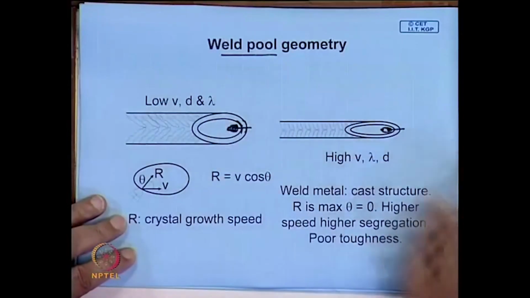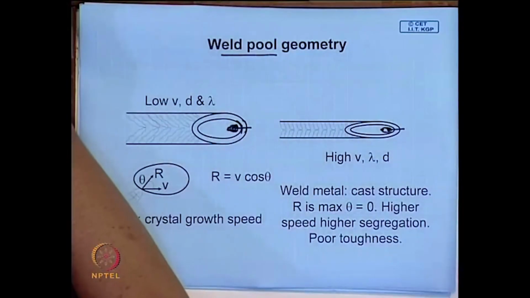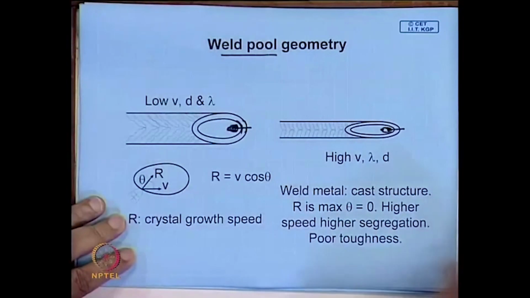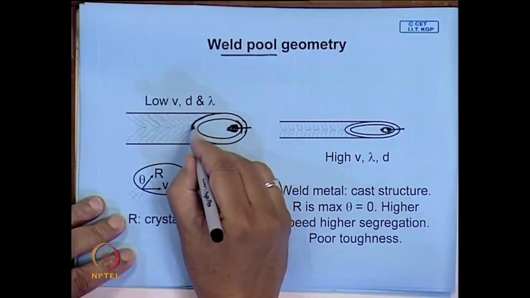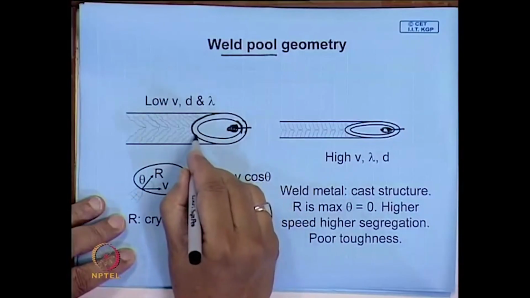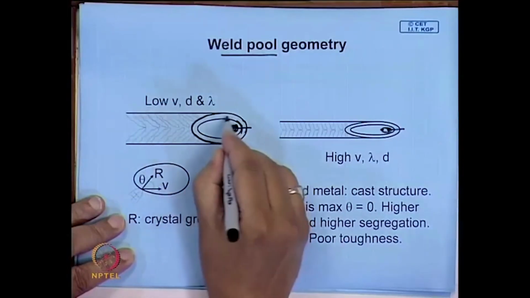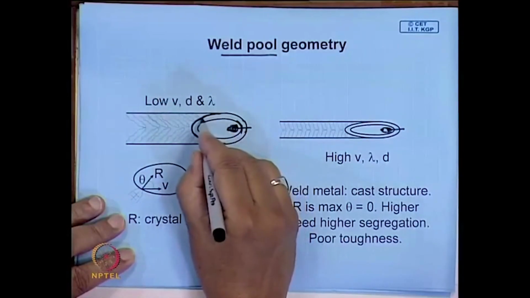And when this weld pool progresses, it is quite interesting to see what the distance between the contours will be. I is the distance between the temperature contours. Let us say this is the liquidus surface.